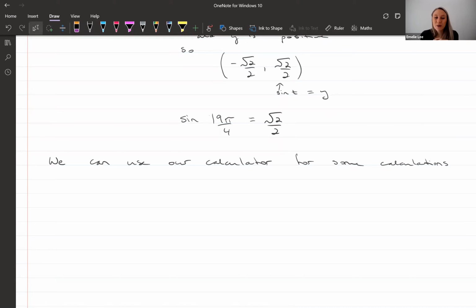But we need to make sure that our calculator is in radians, right? So your calculator is going to be either in radian mode or degree mode. And there's usually, I'll try to show it on here, there's like a little R, there's a DRG up top, and it'll just highlight which mode you're in.